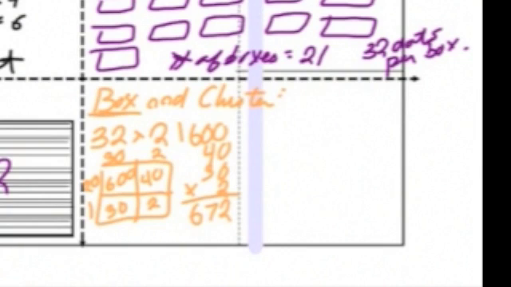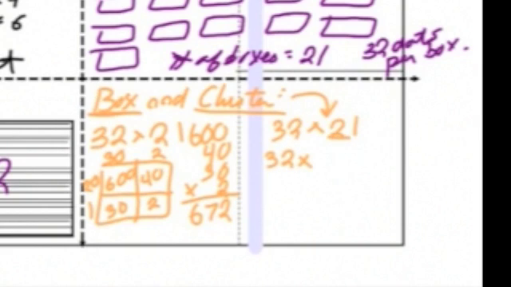The cluster method is a little different, and it says 32 times 21. And the way you write this is by multiplying the 32 by the pieces of the 21. So a 21 is made up of 2 tens and 1 one.